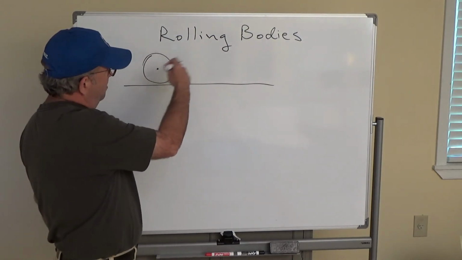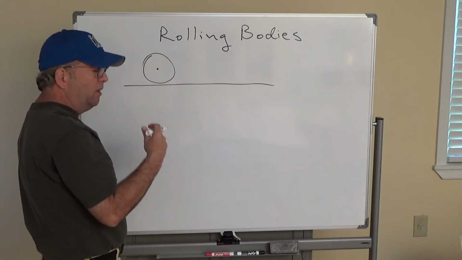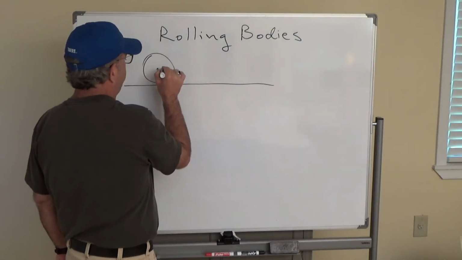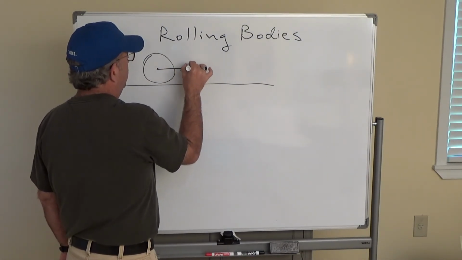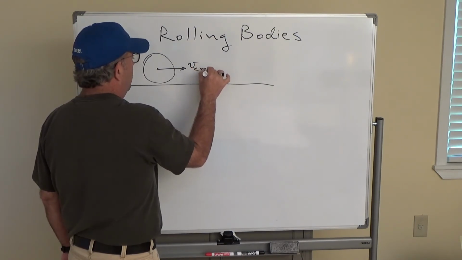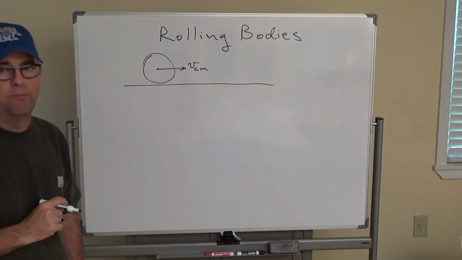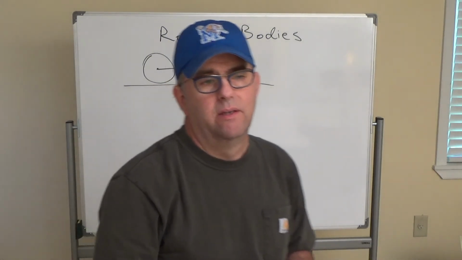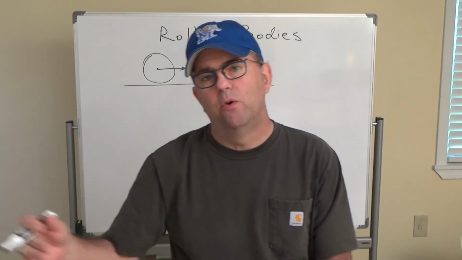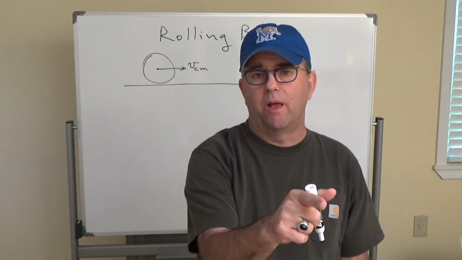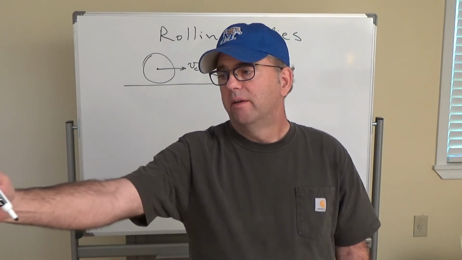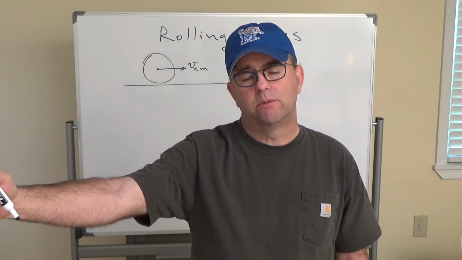Okay, so let's say the object's rolling along. It's rolling without slipping. Then this is, I'll call it, V center of mass. That would be like a wheel is rolling by you and you're looking at the center of the wheel and you're measuring how fast that center is passing by.